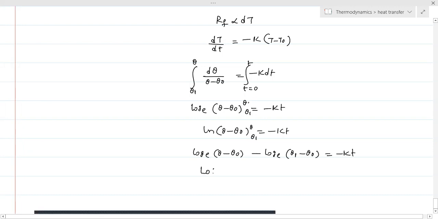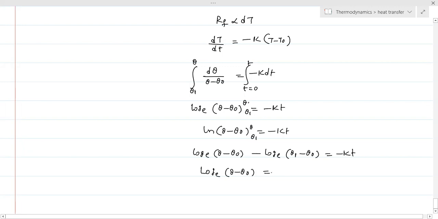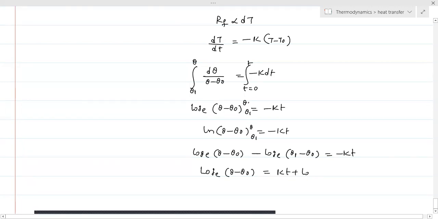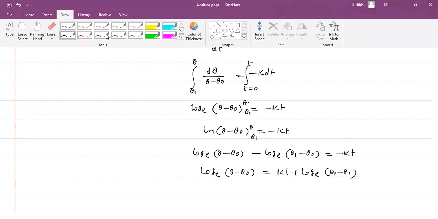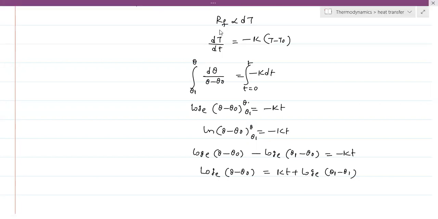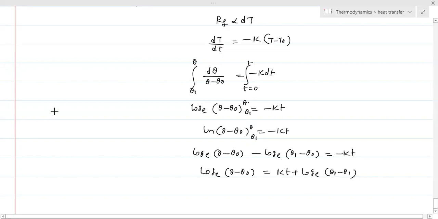Suppose you need a graph between log base e (θ minus θ naught) and time. So we will have minus kt plus log base e (θ1 minus θ naught).